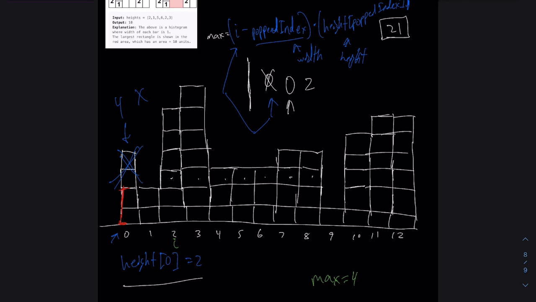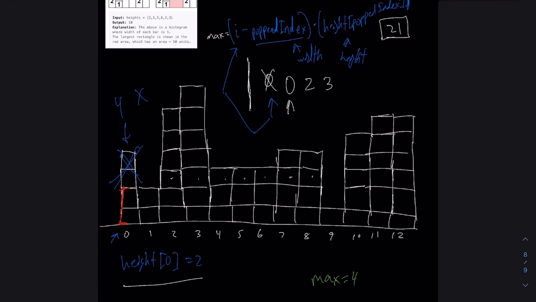We updated the array. So now I'm going to go to the next one, add the index 3. So notice how it's still a monotonically increasing stack, right? These numbers aren't necessarily going to increase, but the heights affiliated with these numbers must be increasing. So we continue.